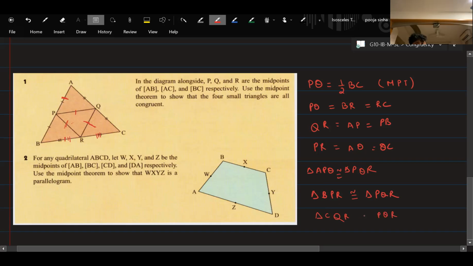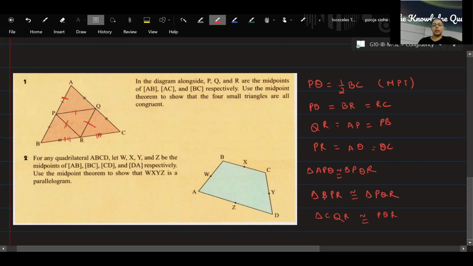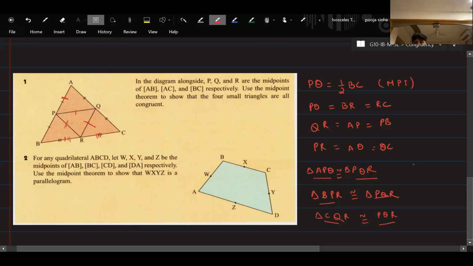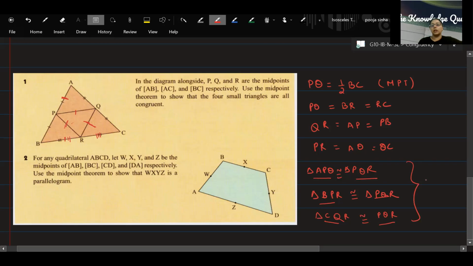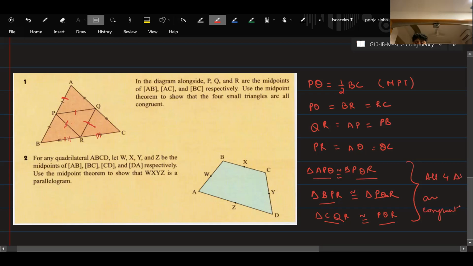So now I'm saying that all the three triangles are congruent to the same triangle. Which means, can I conclude all four triangles are congruent? Yeah. Right? Clear? ठीक है?